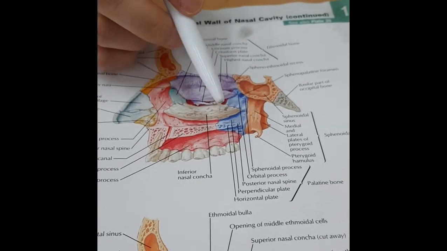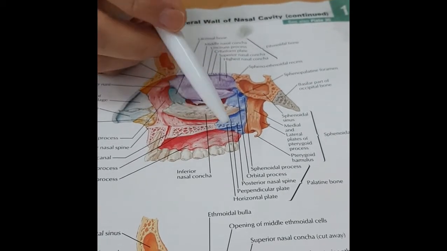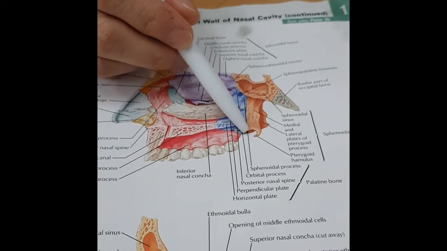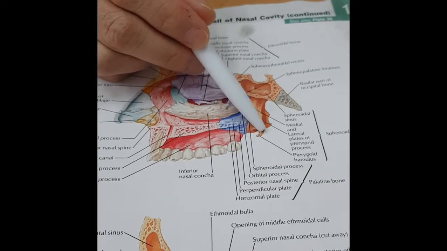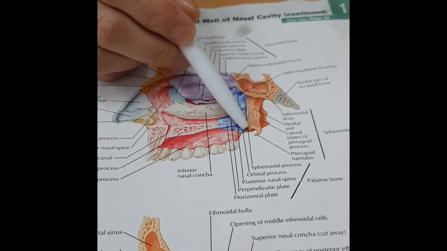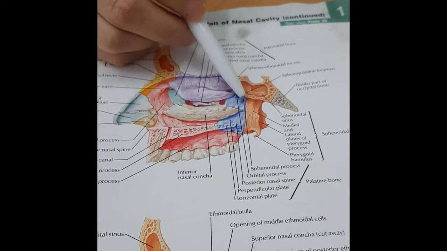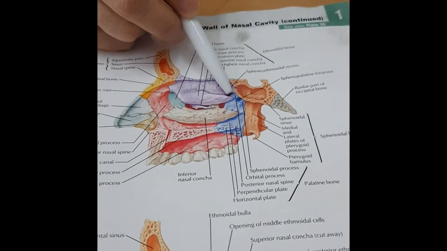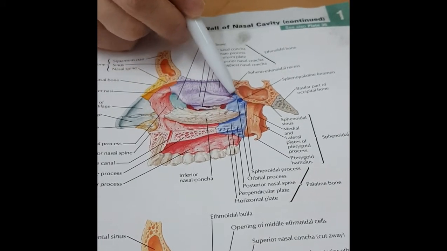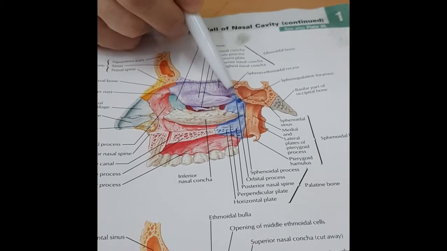It has 3 processes. The pyramidal process connects with the pterygoid process of the sphenoid bone. And on the upper edge, 2 processes. The orbital process takes part in the formation of the orbit.